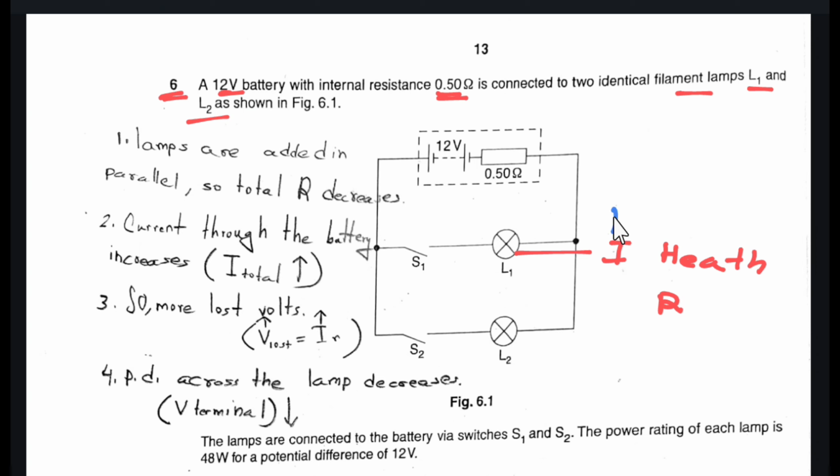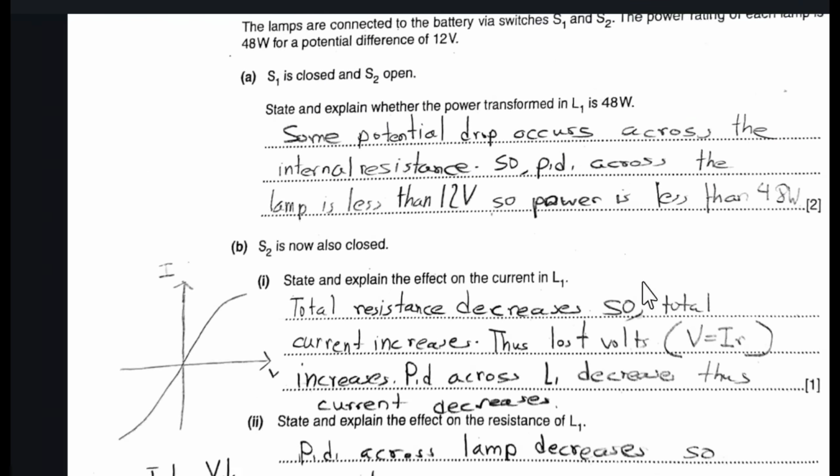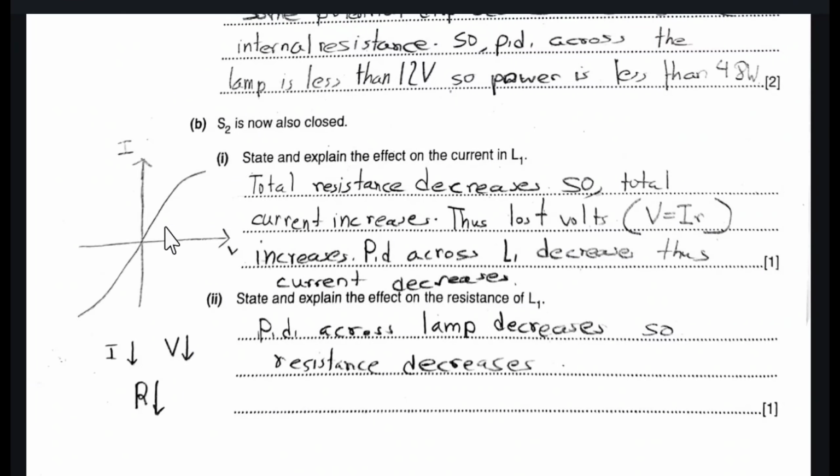Again, increasing the current increases the heating effect, and therefore resistance increases, and as resistance is inversely proportional to current, the current then decreases. The IV graph for the filament lamp would look something like this. This is the current and this is the voltage.